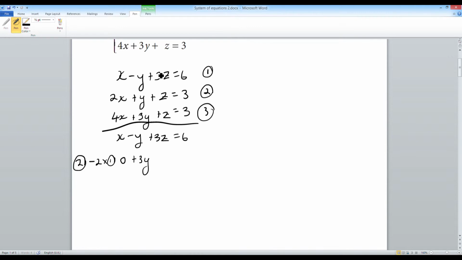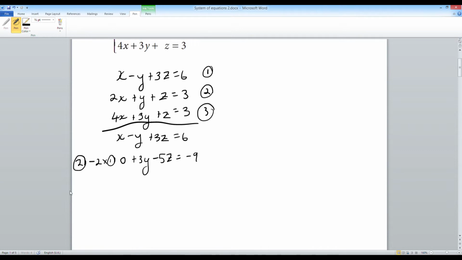Z minus twice of 3z is z minus 6z, which is negative 5z. And then for my constants, 3 minus negative 2 times 6, and this is going to be minus 9.